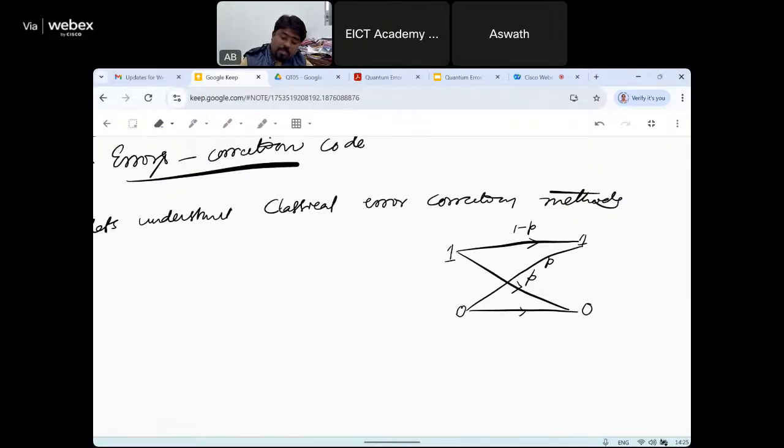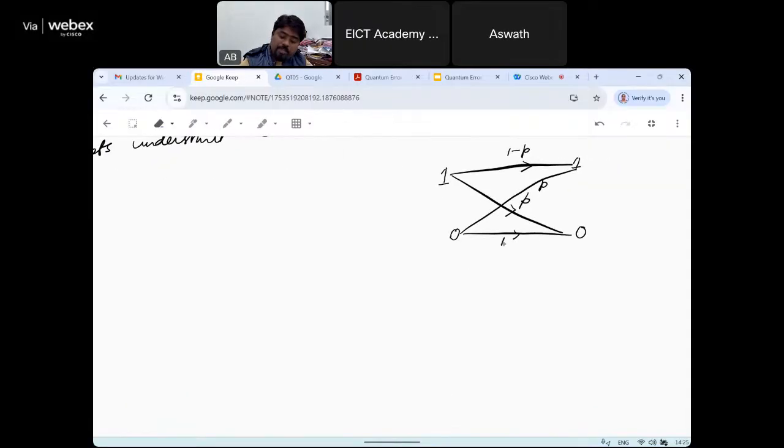So the probability of 0 remaining the same is 1 minus p. This is how they put the proper chances of a bit being flipped on paper using some kind of diagram, to find out with what probability a system is flipping.